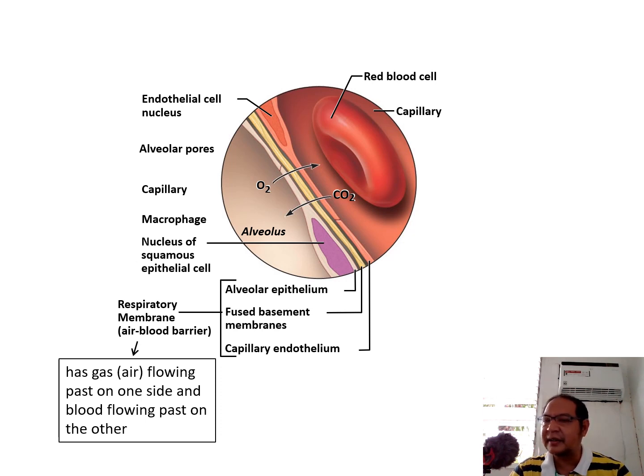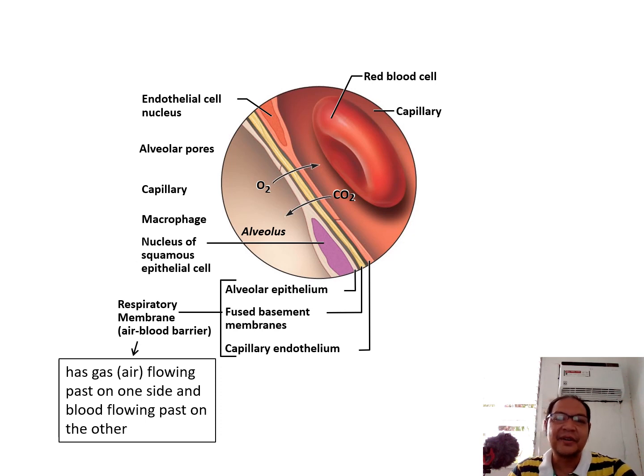There is synthetic surfactant that is injected to the newborn, but it's very expensive. One vial, I think, costs 25,000. They don't allow the students to touch that vial, because once you expose it, it cannot be used anymore, and you have to pay the 25,000.